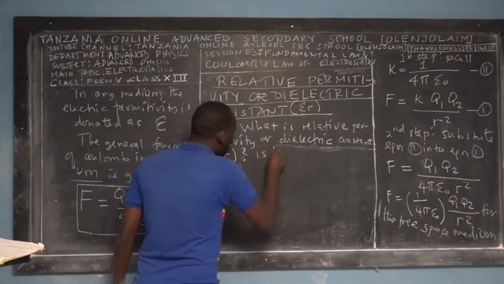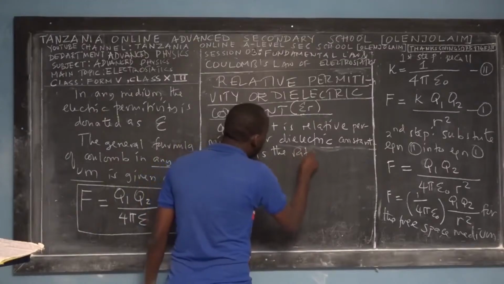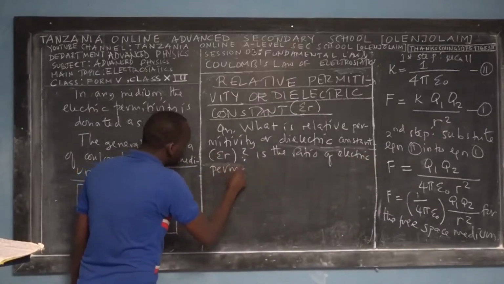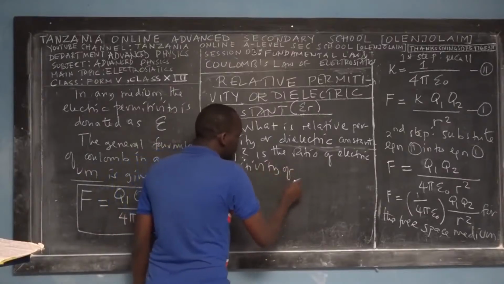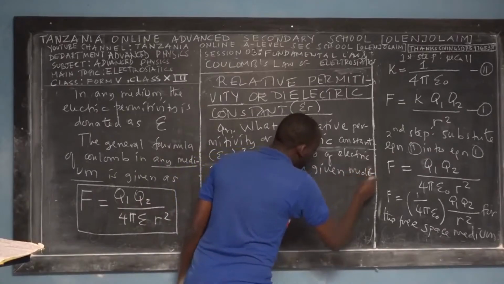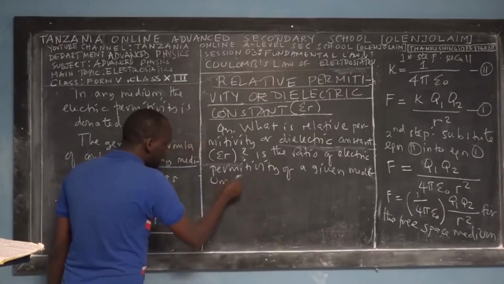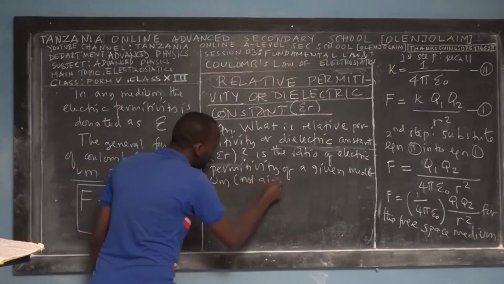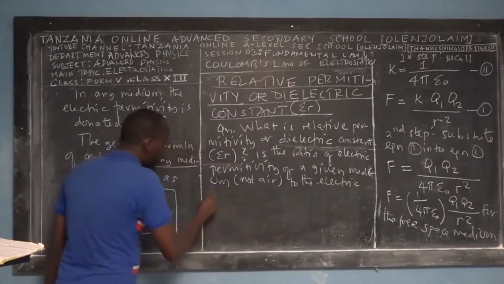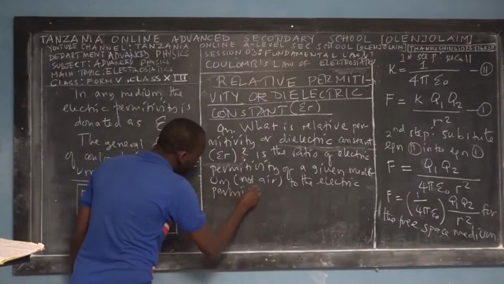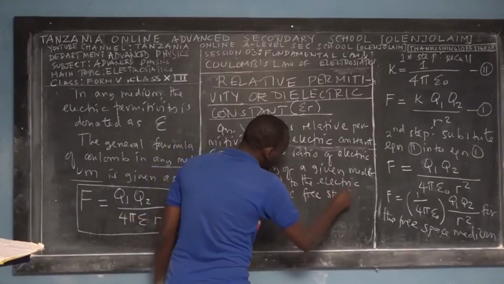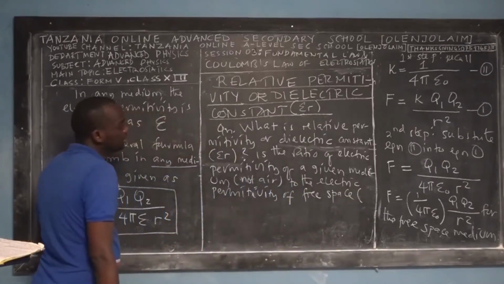So relative permittivity is a ratio of the electric permittivity of any given medium, which is not air, to the electric permittivity of free space, or we call it vacuum.